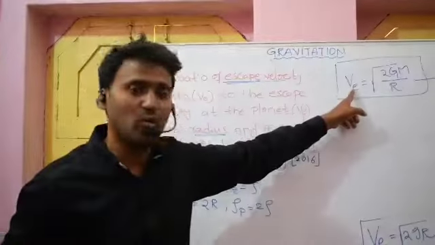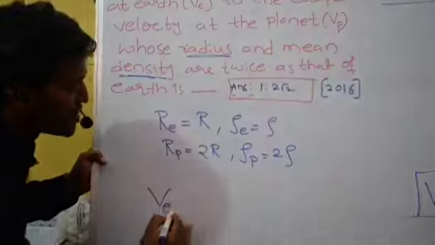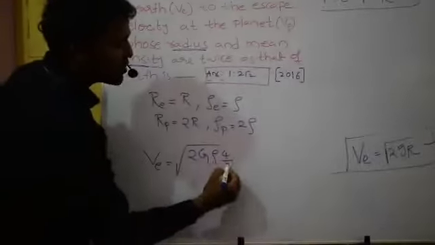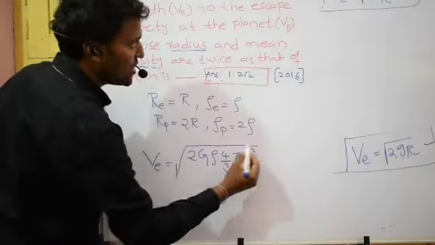I am taking this equation now. From equation 1, first I will derive the equation. V is equal to under root of 2G M, where capital M is equal to density into volume, 4 by 3 pi R cube, whole divided by R.